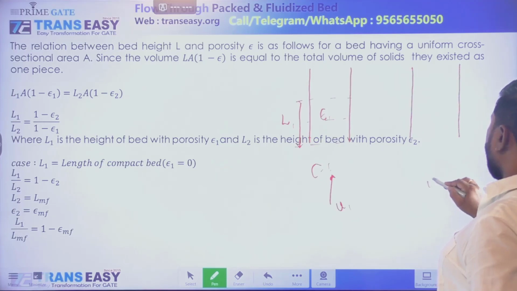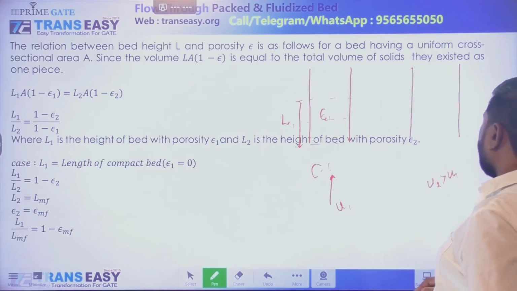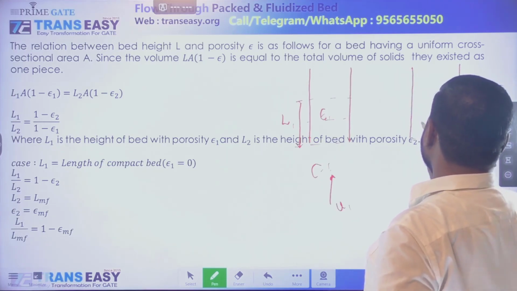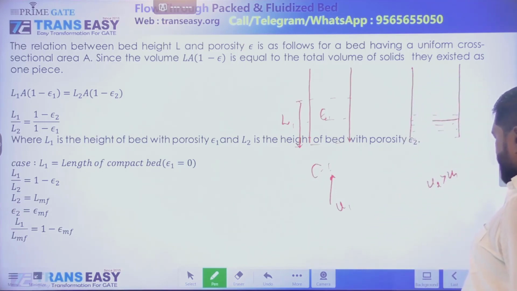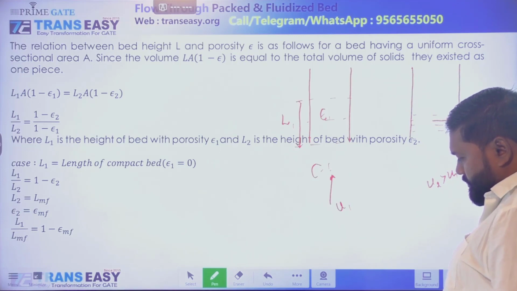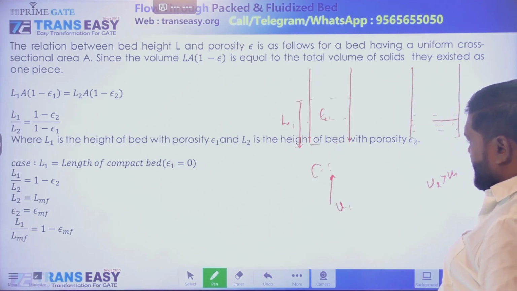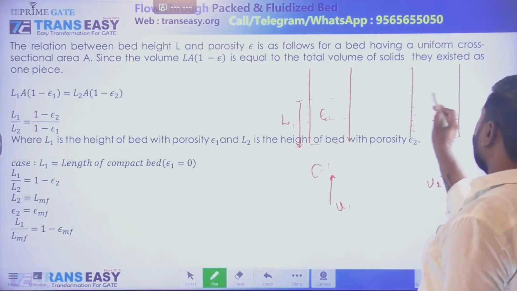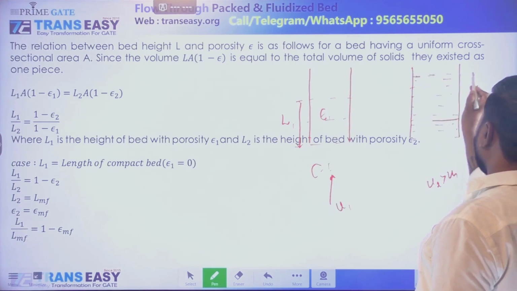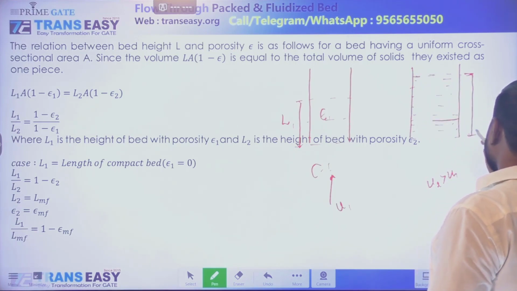Case 2, u2 is greater than u1. So definitely, if this is the condition of minimum fluidization or above minimum fluidization, the particles will expand and the height of the bed will increase.